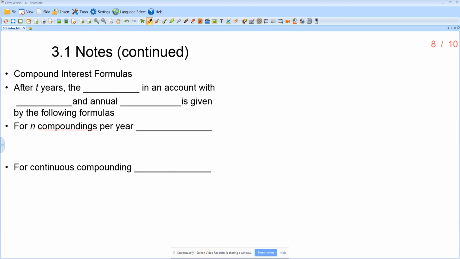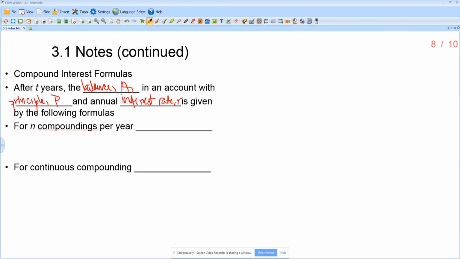All right, and then the last thing I want to talk about is the compound interest formula. After t years, the balance, which we call A, in an account with principal P and annual interest rate r is given by the following formulas.